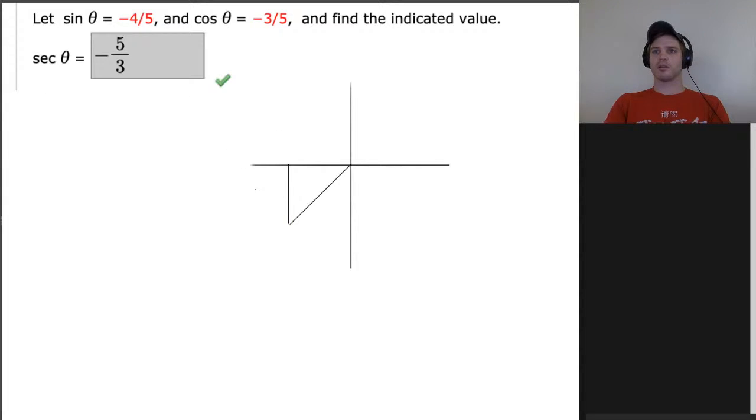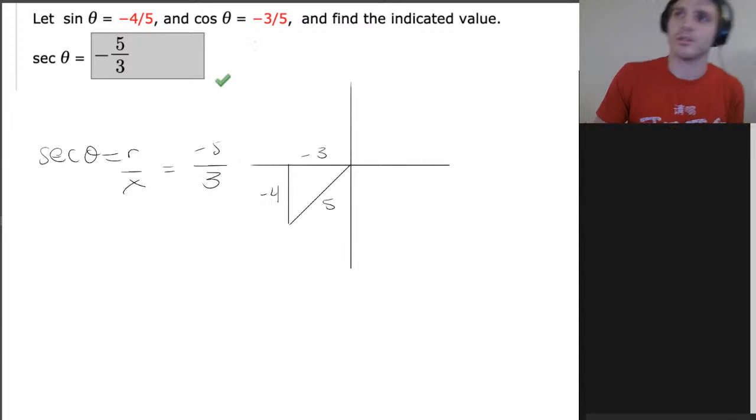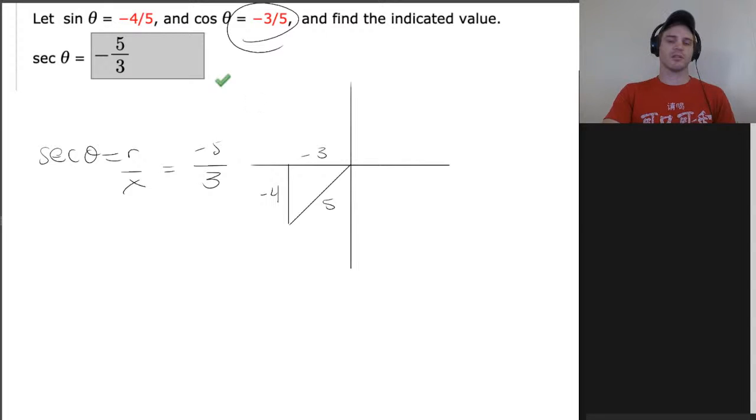Sine is the y over the r, and cosine is the x over the r. So that's how we find those sides. And we need to find the secant. The secant is the reciprocal of cosine, so secant of theta equals r over x, which is -5 over 3. And you can really just see that here. Not super hard.